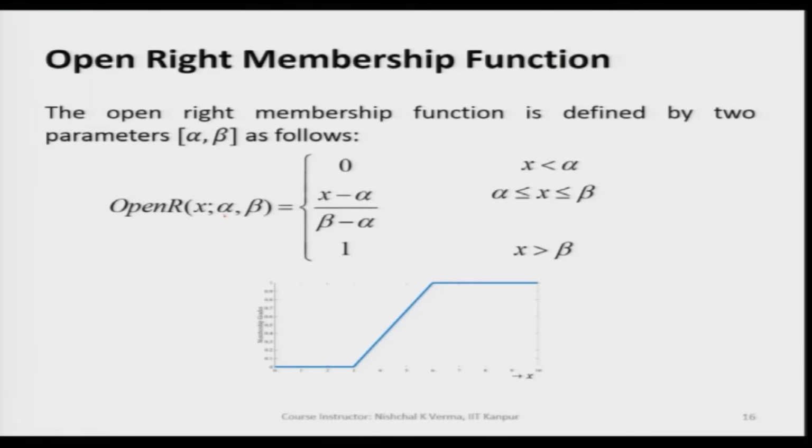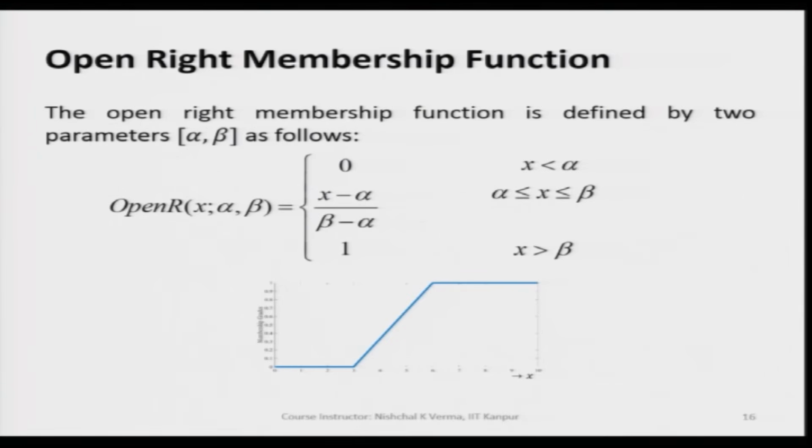We clearly see that this function has only 2 parameters, alpha and beta, to characterize it. It is equal to 0 when x is less than alpha, it is x minus alpha over beta minus alpha when x is greater than or equal to alpha and less than or equal to beta, and it is equal to 1 when x is greater than beta.